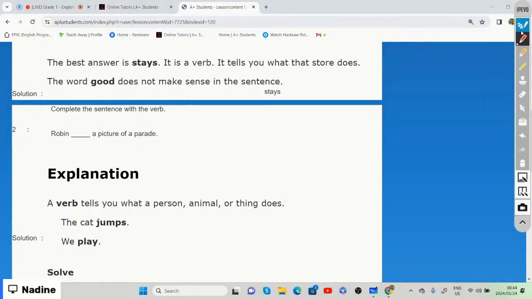All right. So if we complete the sentence with the verb, we can then say Robin paints a picture of a parade. So painting is our verb.